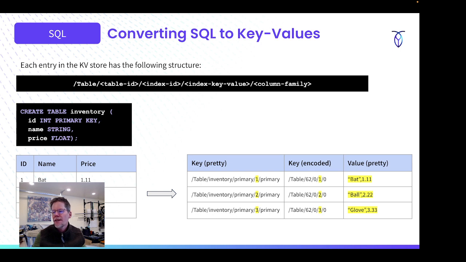So that would be ID 1 on that first row. And then the primary will be the column family, and column families are a way to split up data. By default, there's a single column family. It's called primary, and if you have multiple column families, then that data will live in slightly different locations.